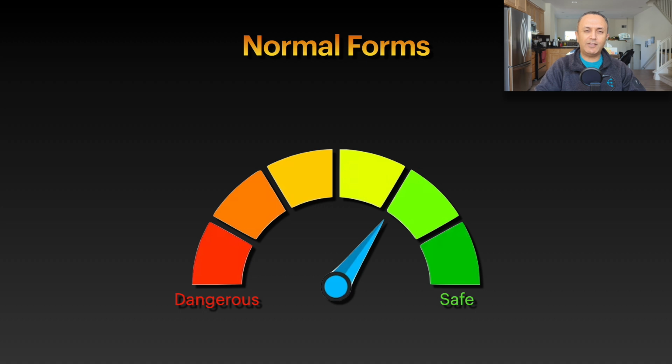From this side to that side, there are different stages. And this is what we call the normal forms. So you start with the first normal form, second normal form, third, and so on. We represent each of them by 1NF means first normal form, and so forth. So if your design satisfies first normal form, that's a step in the right direction.